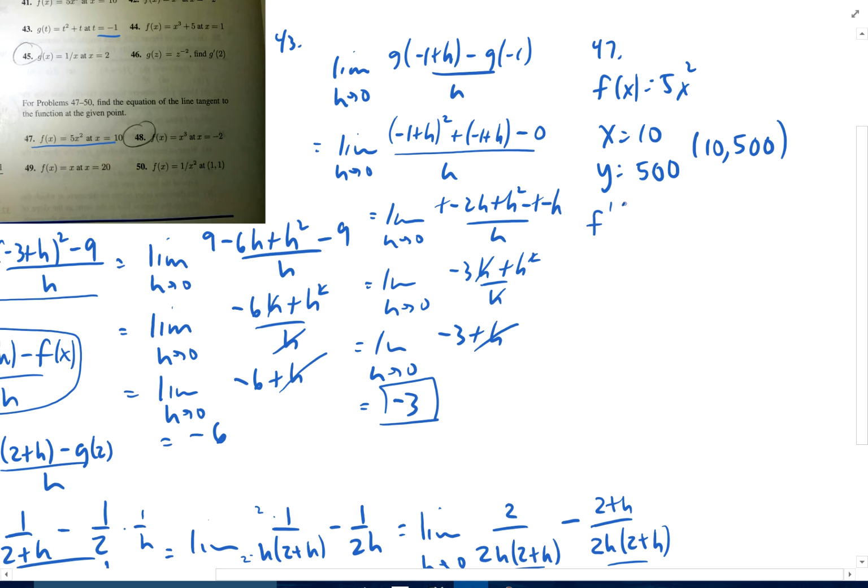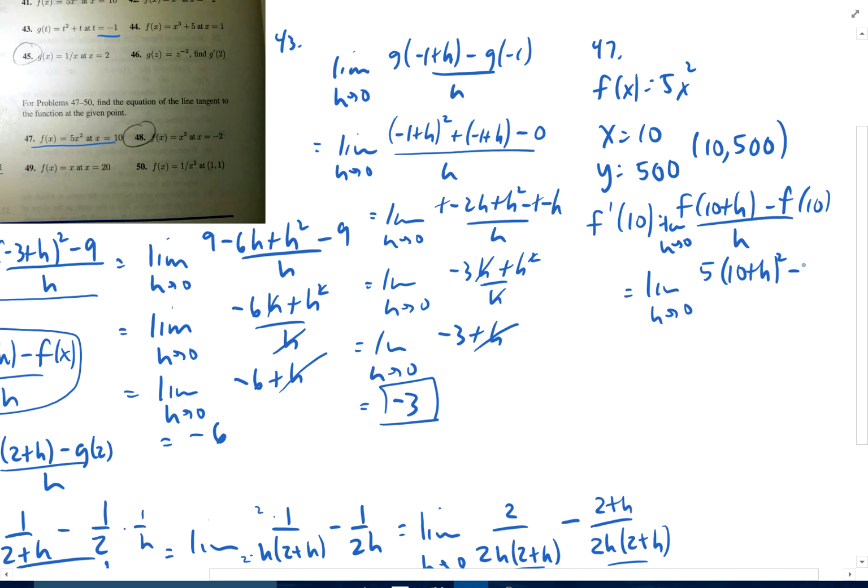So f prime at 10 is the limit as h goes to 0 of f of 10 plus h minus f of 10 all over h. So that'd be 5 times 10 plus h squared minus f of 10, which is 500, all over h. I'm going to do this all in one step here.